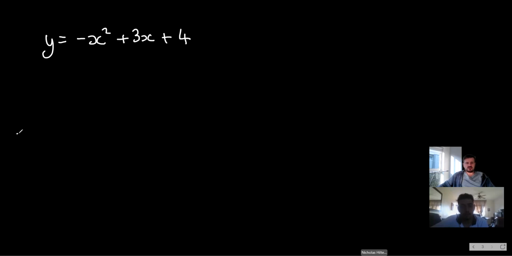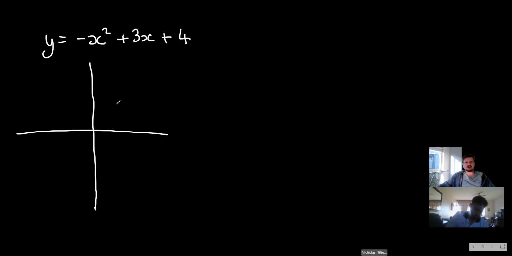Okay, if we look at this parabola, we know that it's a sad face, because our a is equal to -1. We can use the turning point formula: our turning point is equal to negative b over 2a.